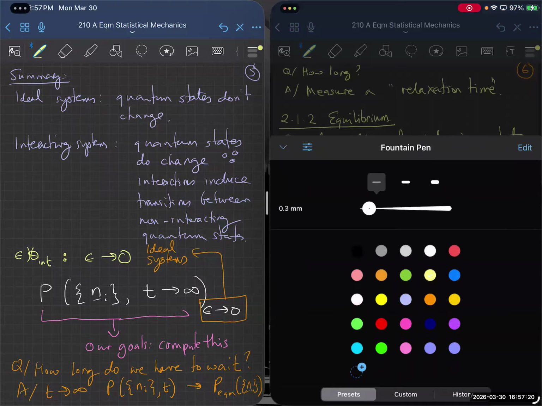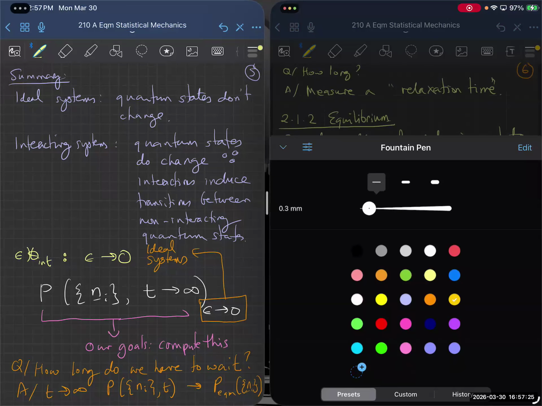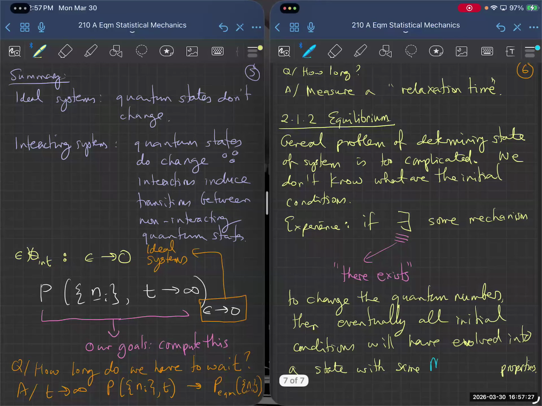But it's not just any state; it's the same macroscopic properties.